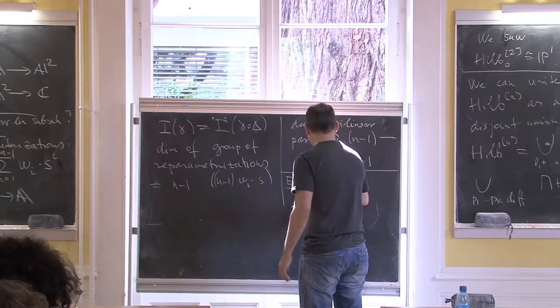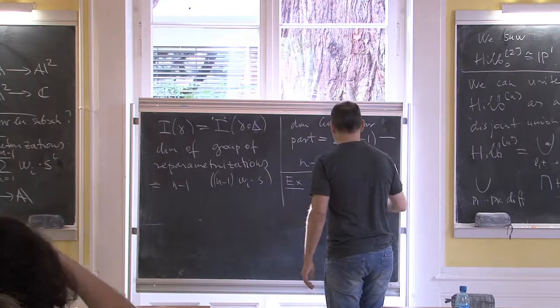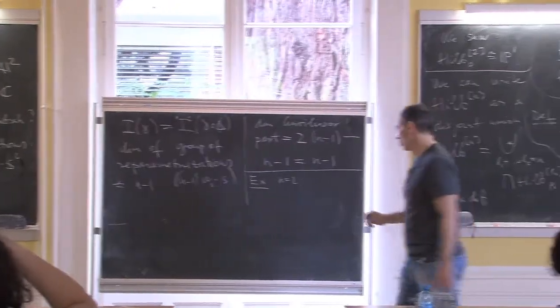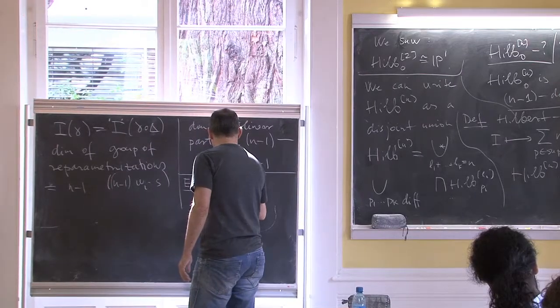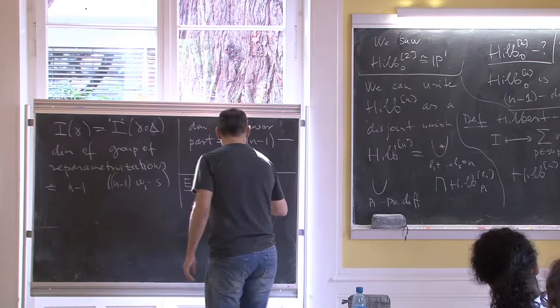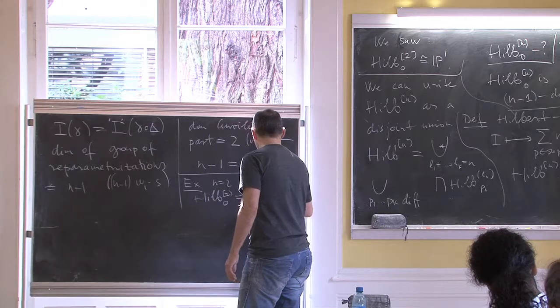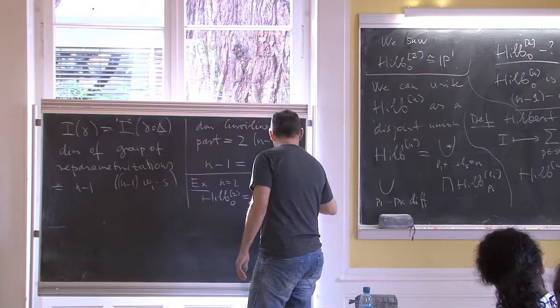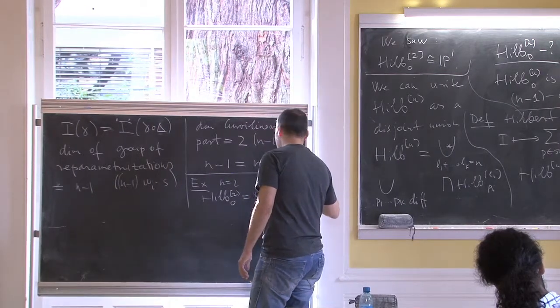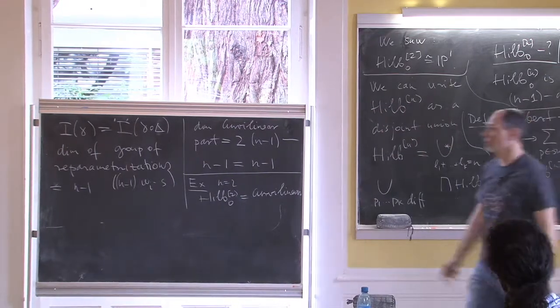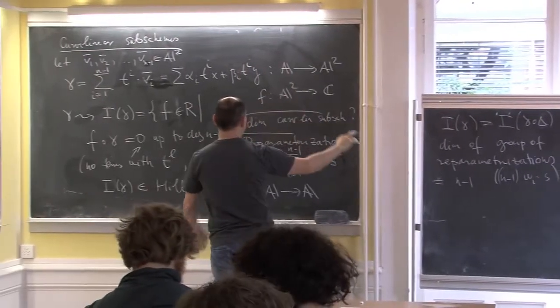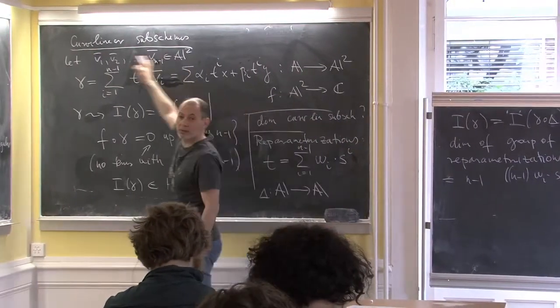So just our examples. For n equals 2, as you saw, everything is curvilinear. So Hilb 2, 0 is the same as the curvilinear part. I didn't introduce a notation for the curvilinear part, but obviously it's a subset. I call curvilinear an element of the Hilbert scheme, Hilb 0, which arises in this fashion, right?